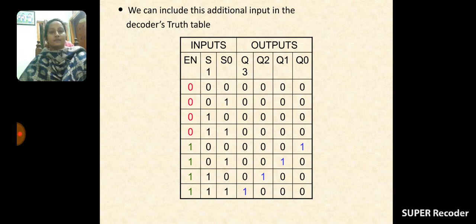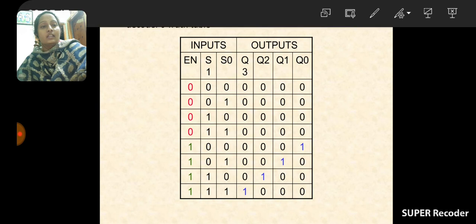In the third case, enable is 0, S1 is 1, no output is produced again. In the fourth case, enable is 0, both inputs are high, also no output is produced.